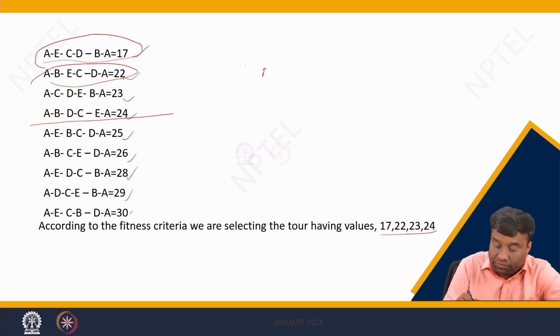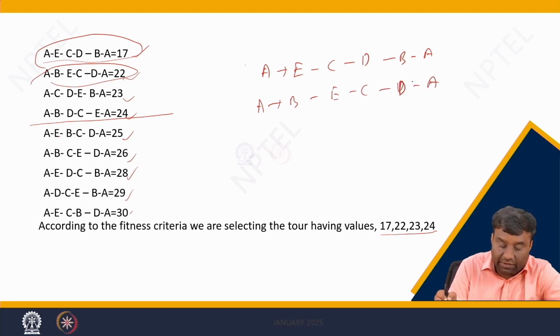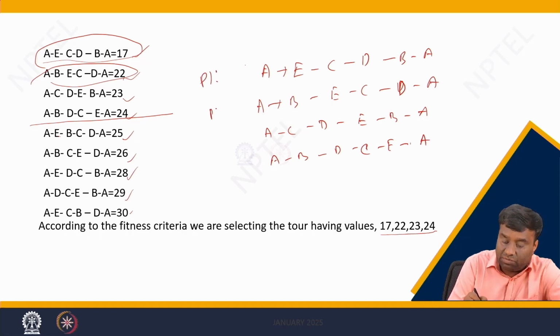So this chromosome A to E to C to D to B to A, this A to B to E to C to D to A, then A to C to D to E to B to A, then A to B to D to C to E to A. Suppose this is parent 1, this is parent 2, this is parent 3, this is parent 4.